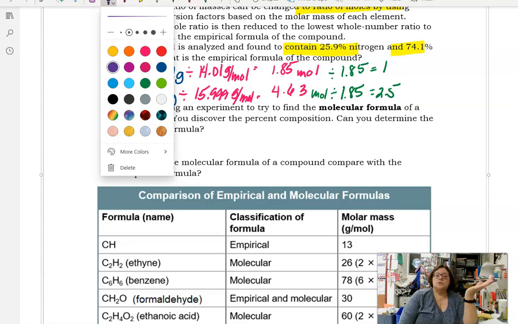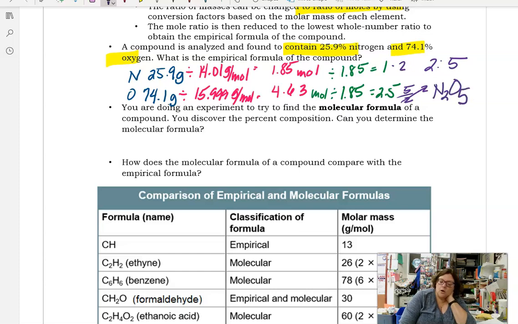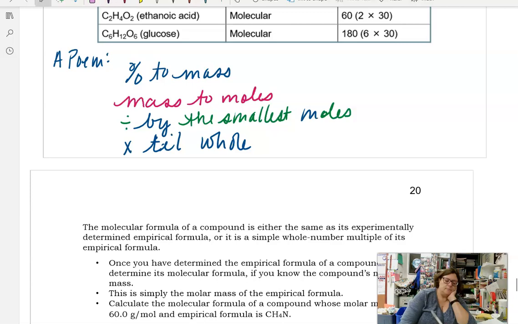Well, 2.5 is the same as saying I have 5 halves, right? If I have 5 halves and I multiply it by 2, I end up with 5. So we're going to multiply both of these by 2. So we get a 2 to 5 ratio. N2O5.